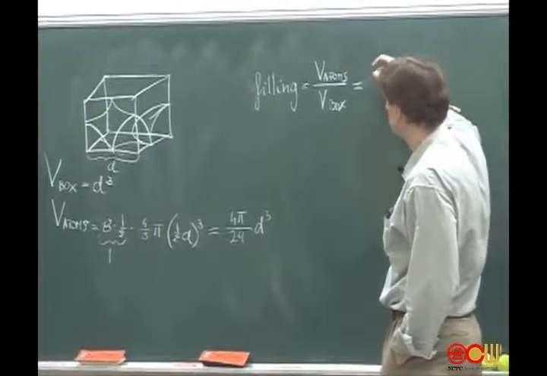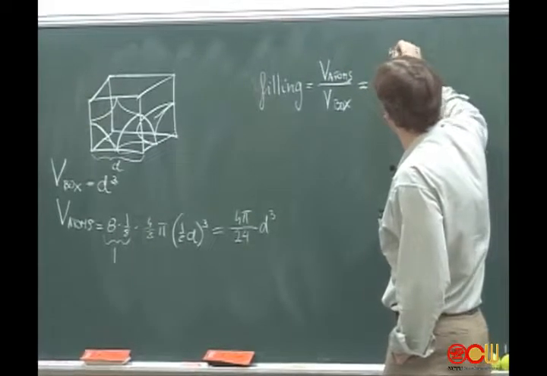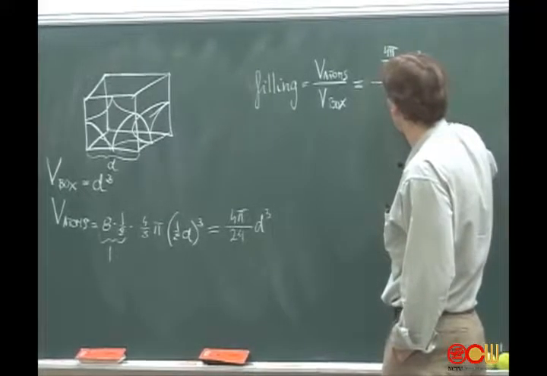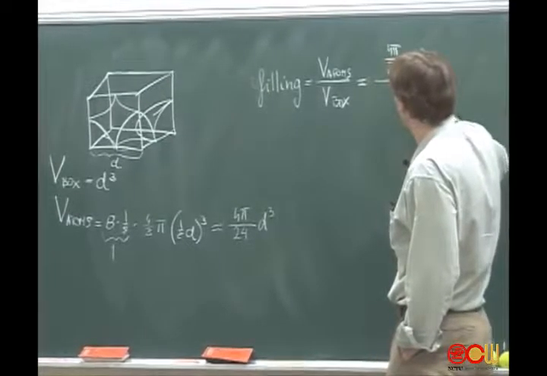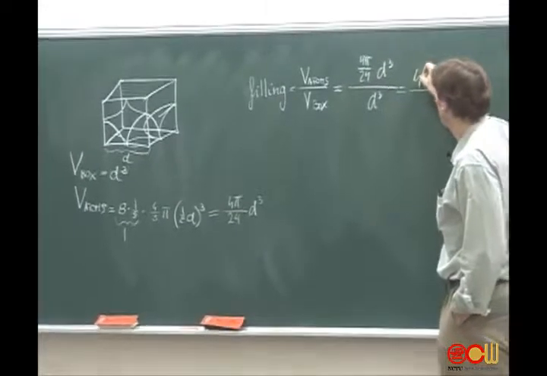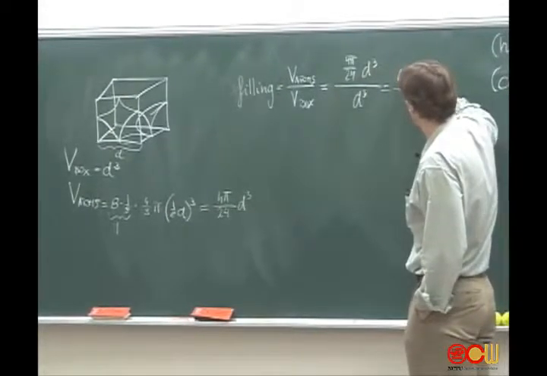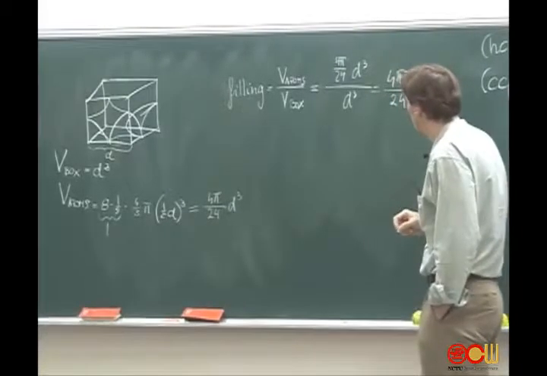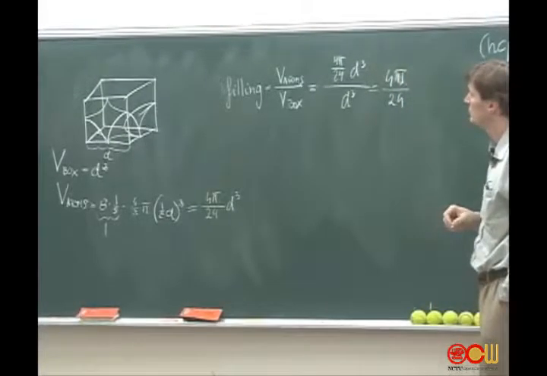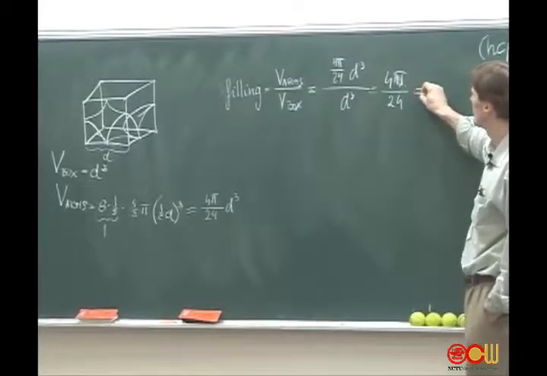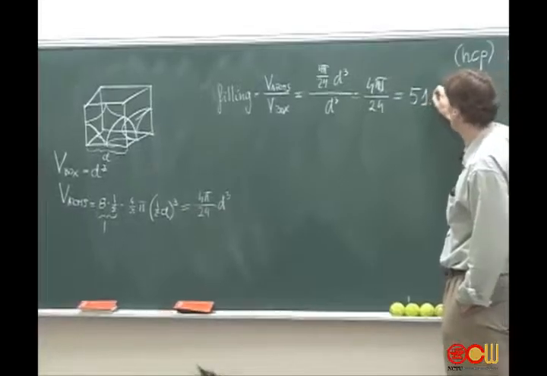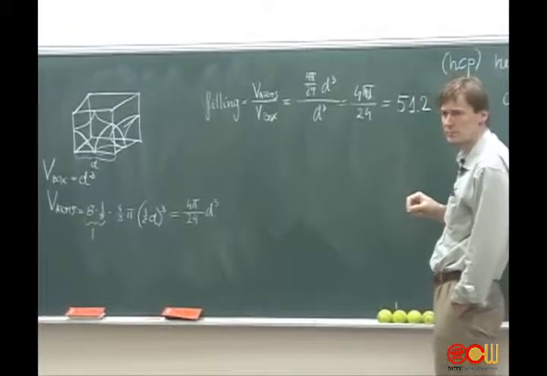So V atoms over V box is 4 pi over 24 d^3 divided by d^3, which is 4 pi over 24. And we calculated this one already, and it was around 51.2%, right?